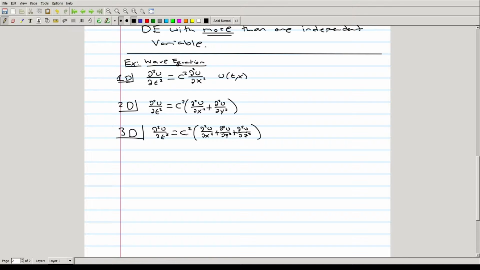So this is sometimes called the standard wave equation, where c is a constant called the wave speed. This is a very nice kind of picture, whether you look at it in 1D, 2D, or 3D, but this is a linear PDE.